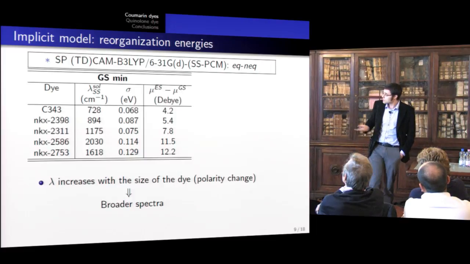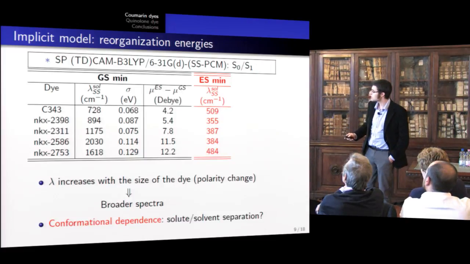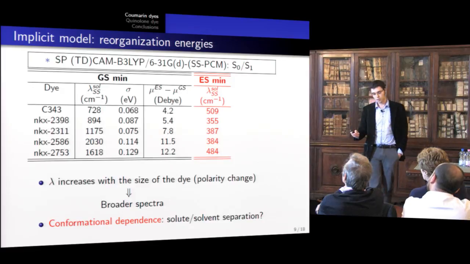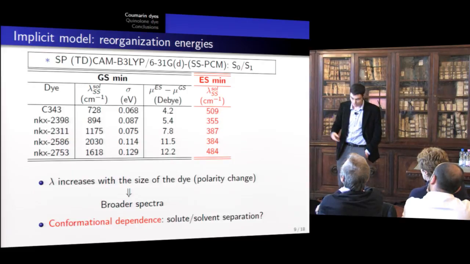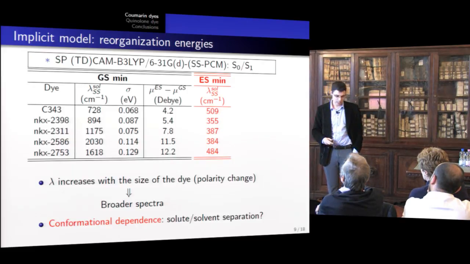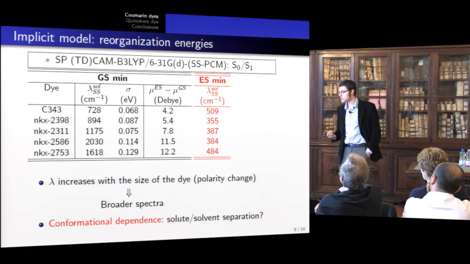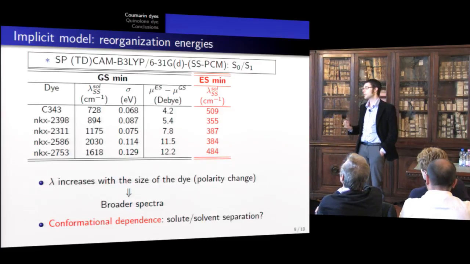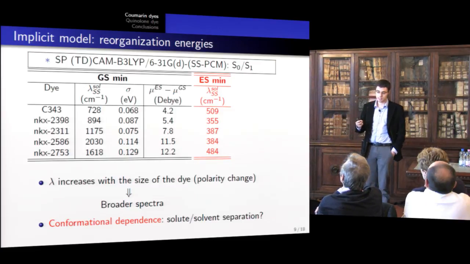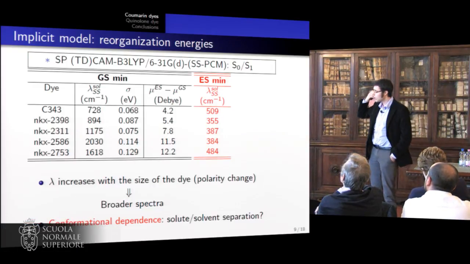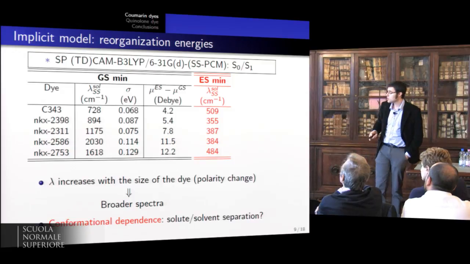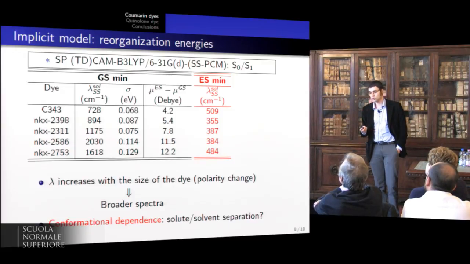So before continuing, just a word of caution. We said before that we are considering that the solvent and solute coordinates are independent, and in these circumstances we would expect that the change in this reorganization energy, that is in the final broadening, would not depend that much on the solute coordinates.